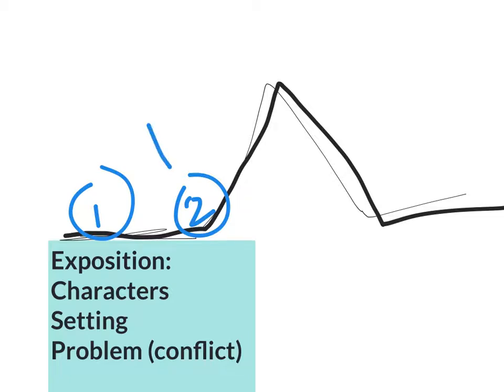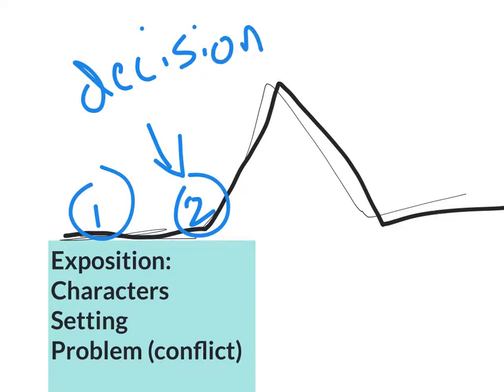And this is where the character is deciding to solve their problem or starting to solve their problem. It's the beginning of the rising action, but it specifically has to do with a decision. A decision to solve a problem or to deal with a conflict.